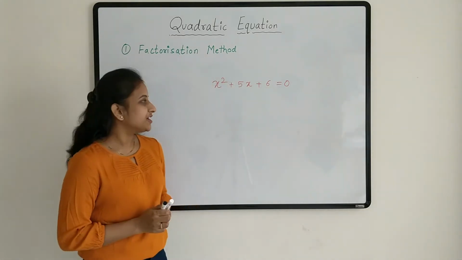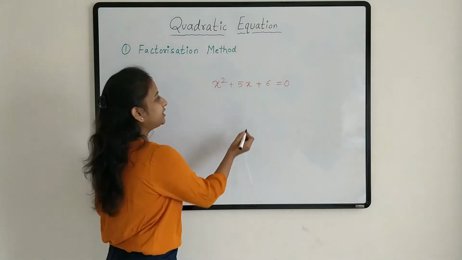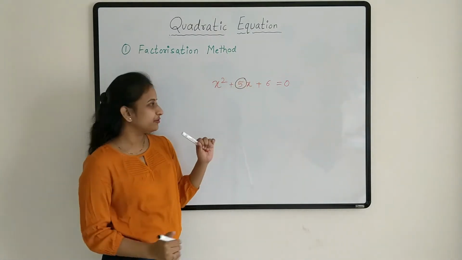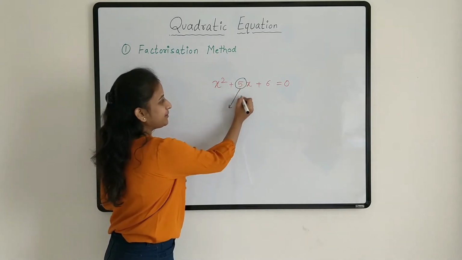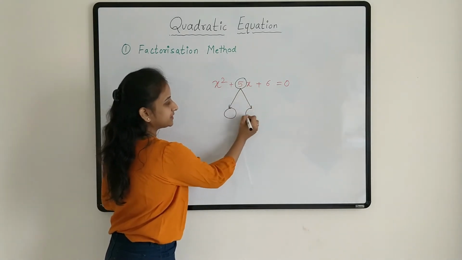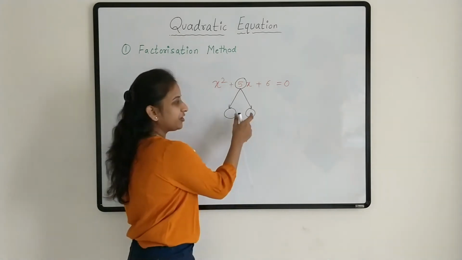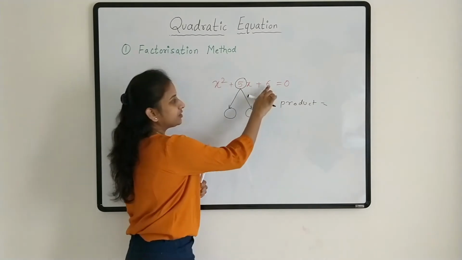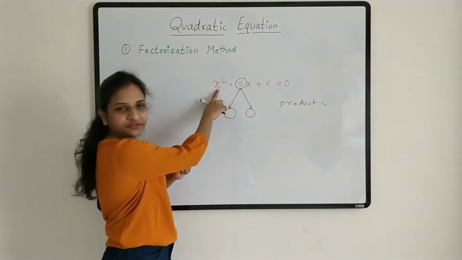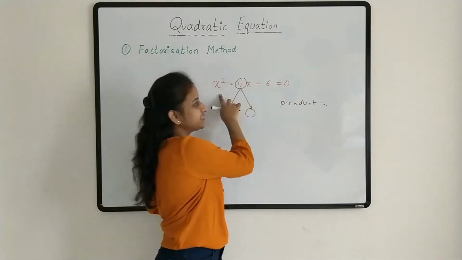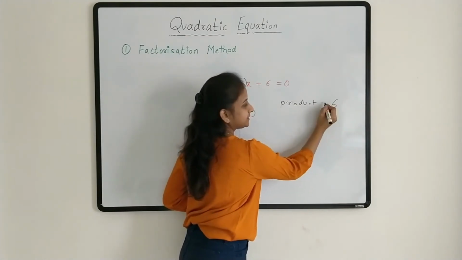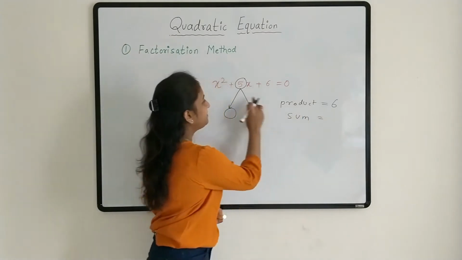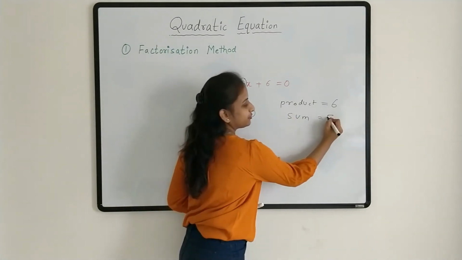In this, the first step is we need to split the middle term. In this case the middle term is 5x. So we need to split the middle term into 2 numbers such that the product of these 2 numbers should be the constant term times the coefficient of x², so 6 × 1, the product should be 6, and the sum of these 2 numbers should be the middle coefficient, that is 5.